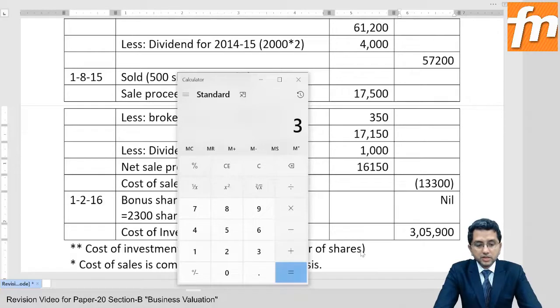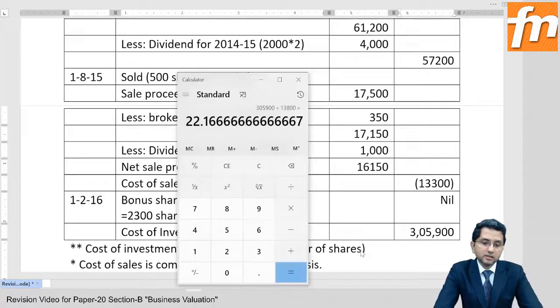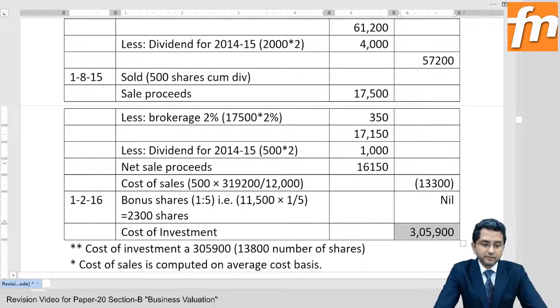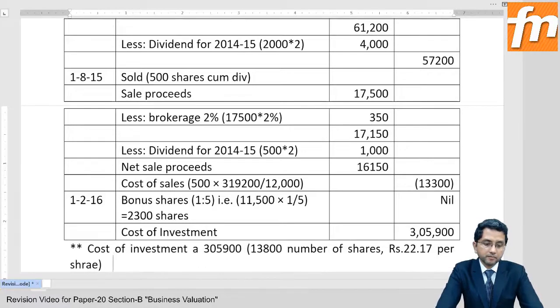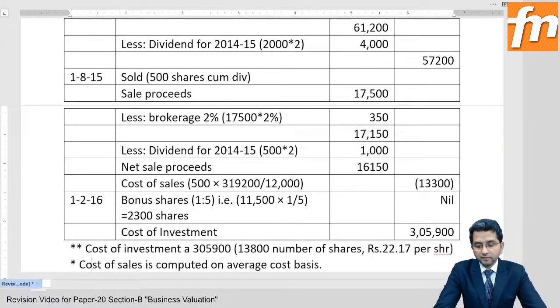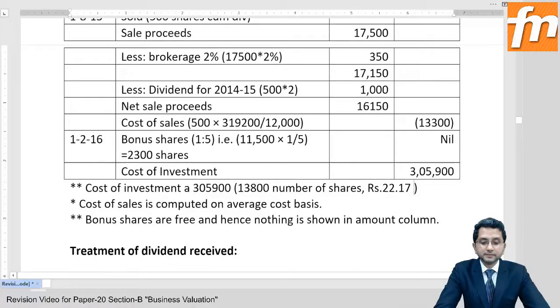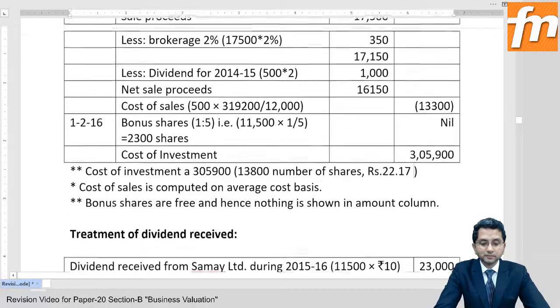So 3,05,900 divided by 13,800, it's 22.17 rupees per share. Okay.